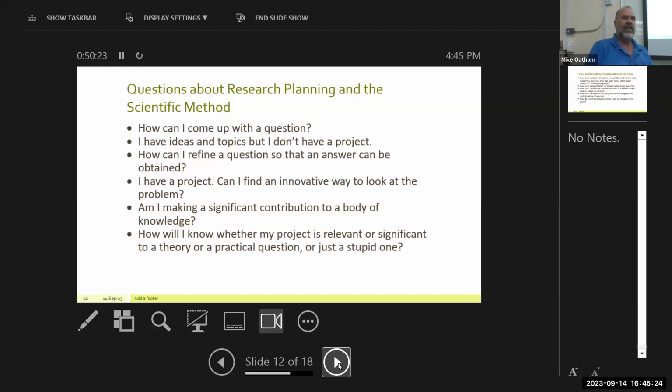So a lot of these ANOVAs, I think, were first designed for the social sciences, and a lot of multivariate statistics like point-centered analysis, which you've probably never heard of, were developed for ecological analysis, and now they're used in things like economics and social sciences. Okay, so those are ways in which you can create an innovative way.